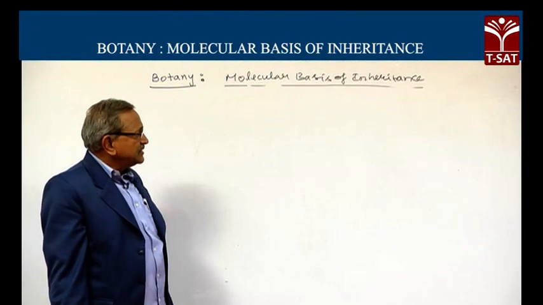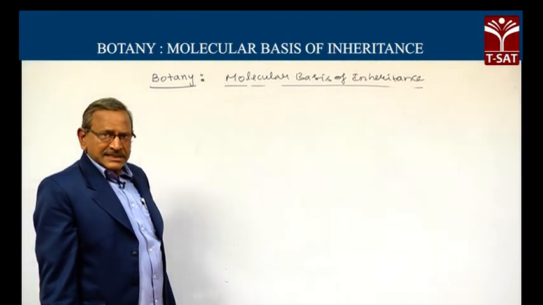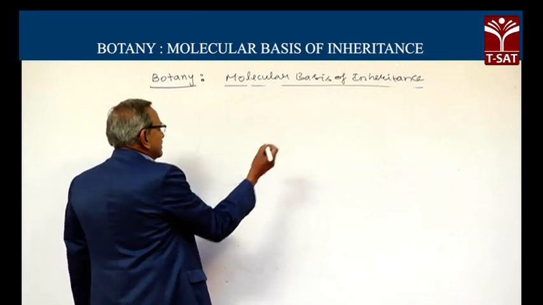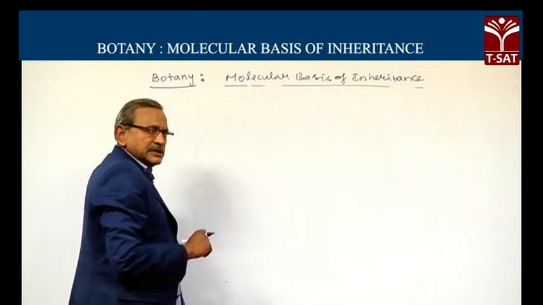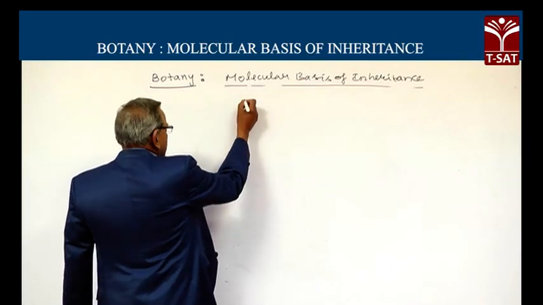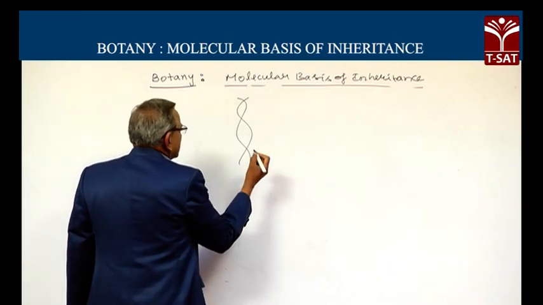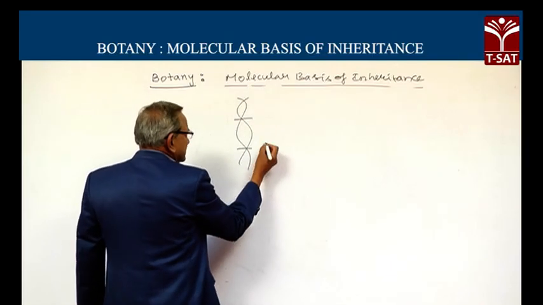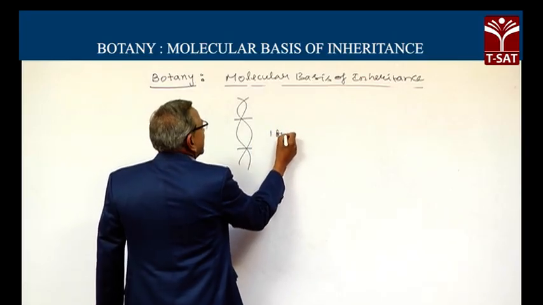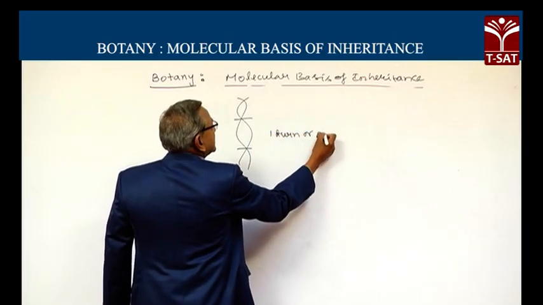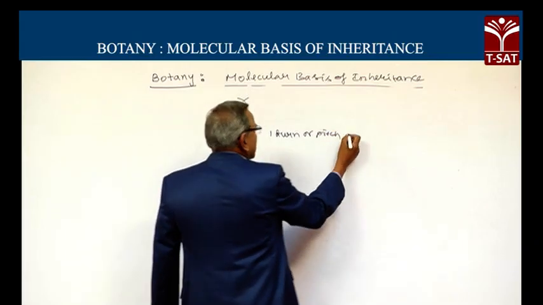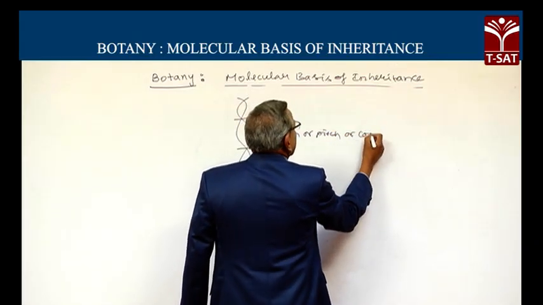Now the important features of the Watson-Crick double helical model. It shows the DNA is double helical, with right-handed coiling. This is called one turn or pitch or coil.